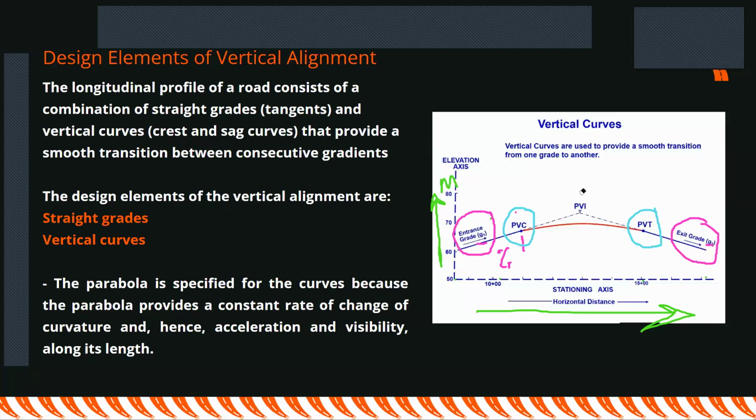Because, for example, there is also a point called the point of vertical intersection. It's PVI, which is the point where the two tangents intersect. So basically, if you draw a tangent along the straight section from the entrance grade, and the straight section from the exit grade, where they intersect, we have a PVI.